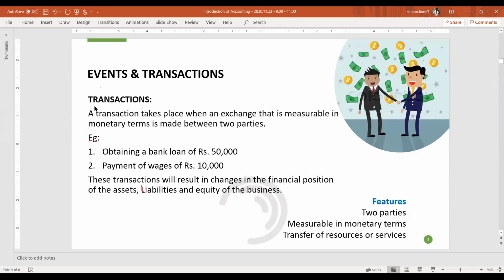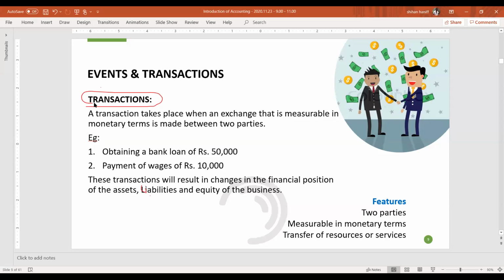So what is a transaction? Let's say you are going to the shop and purchasing a book. That's a transaction. You are traveling on the bus and paying the bus fare, that's a transaction.